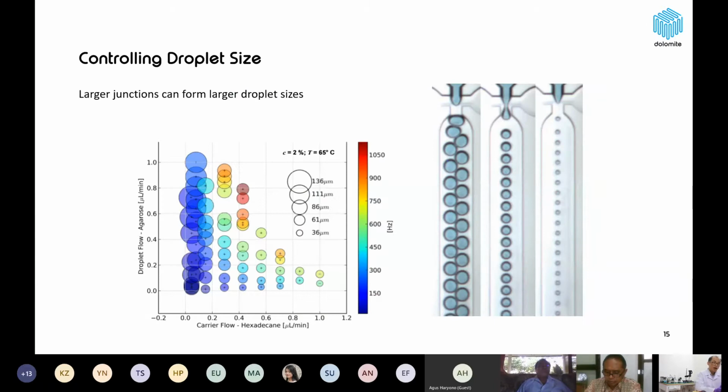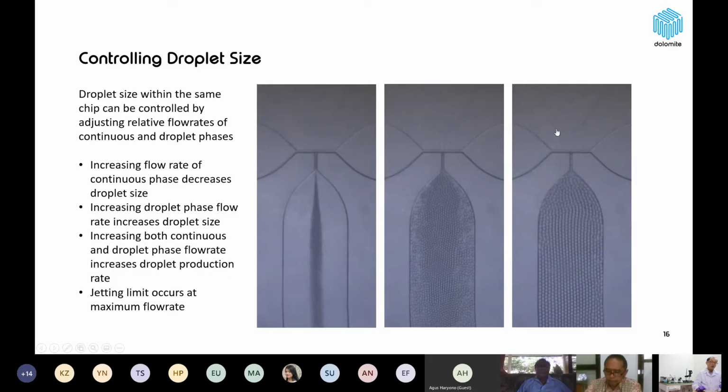For controlling droplet size, there are two ways. The first way is using different chip junction sizes. A larger chip junction size makes larger droplets, and a smaller chip junction size makes smaller droplets. The other way is to adjust the relative flow rate ratio of the continuous phase and the droplet phase.